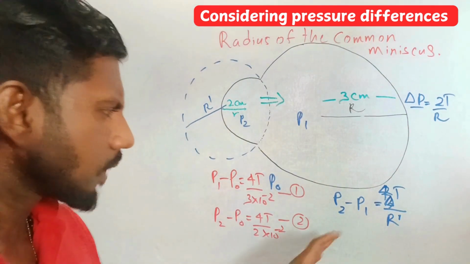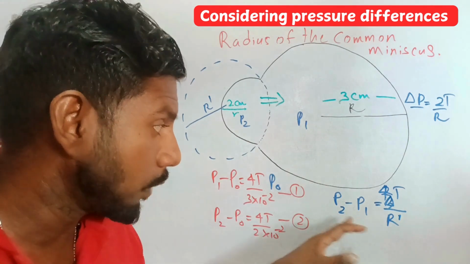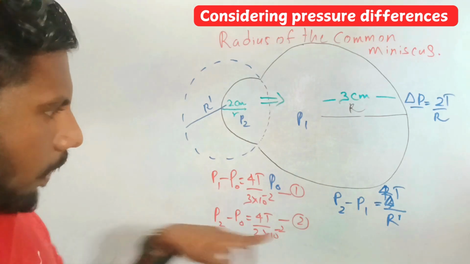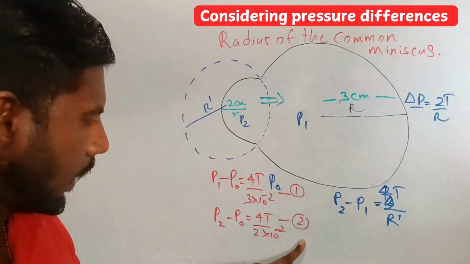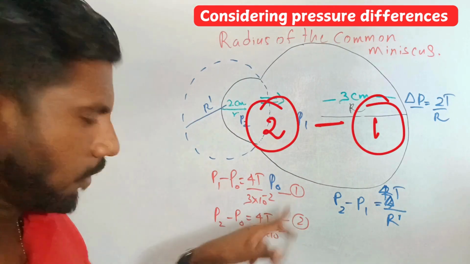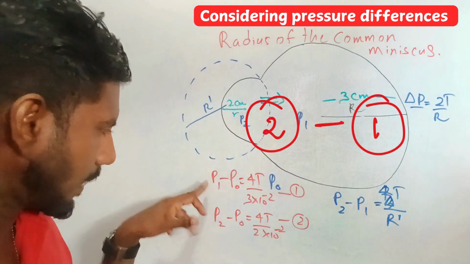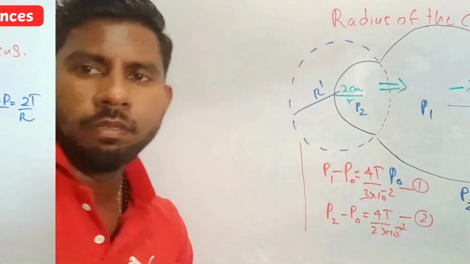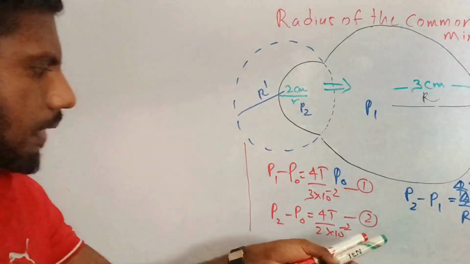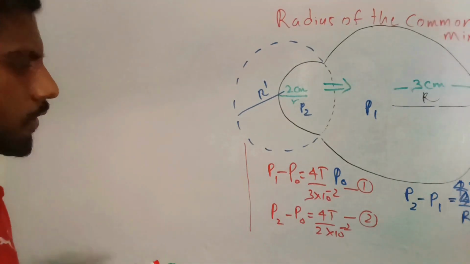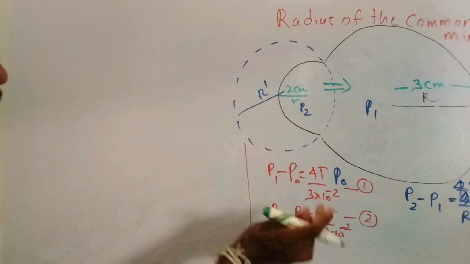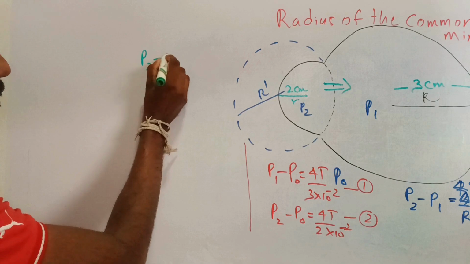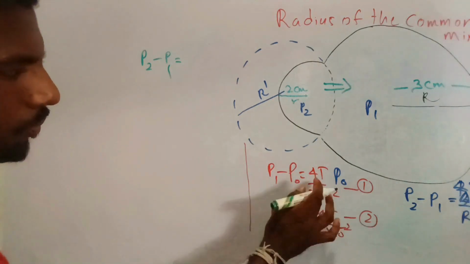Then we need to find P2 minus P1. What you have to do is subtract the second equation from the first. So if you subtract the second one from the first one, I'm getting P2 minus P1 from these two values.